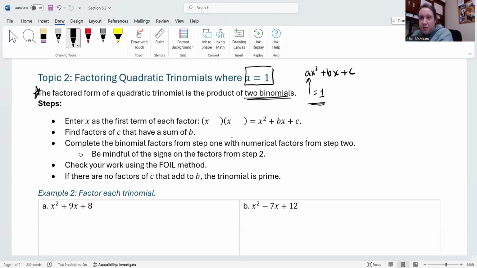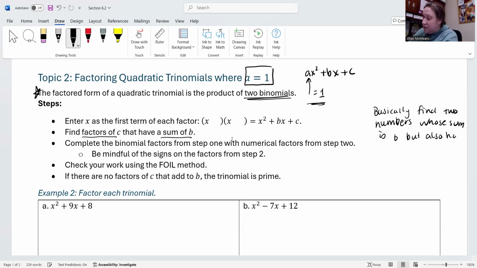Now, once we start our two binomials, each with an x, we're going to look for factors of c that have a sum of b. So basically, find two numbers whose sum is b, but also have a product of c.